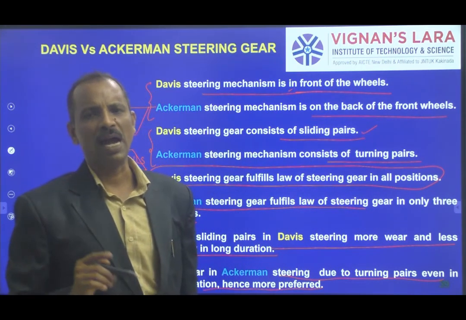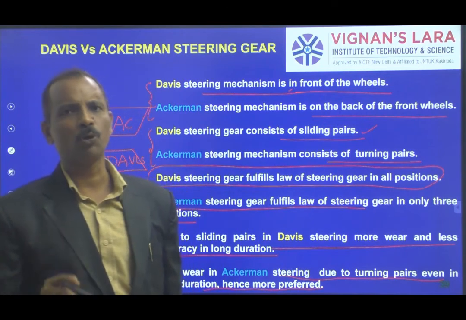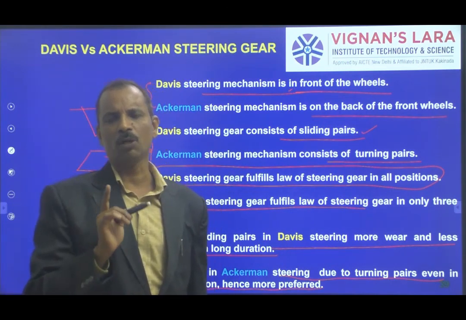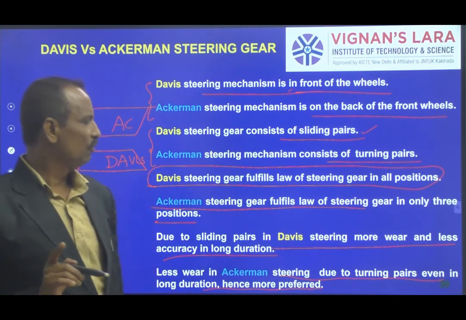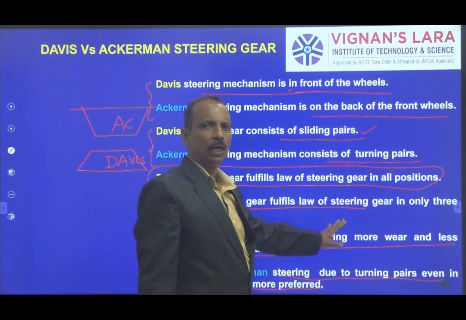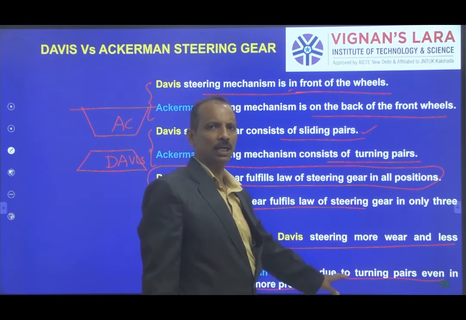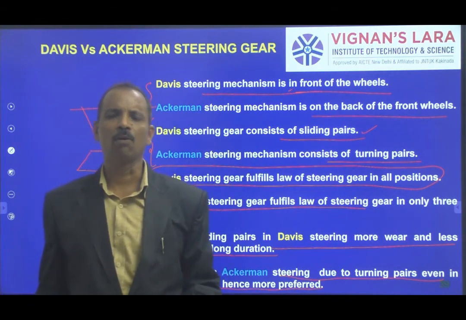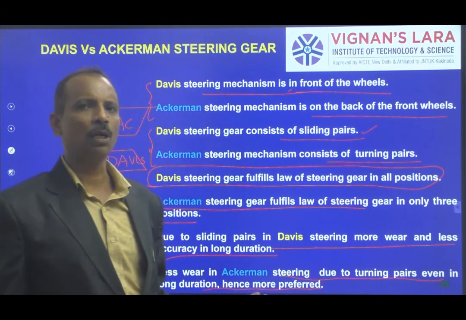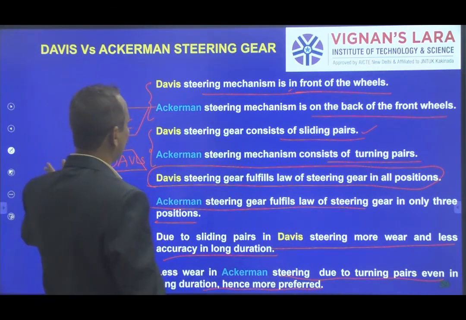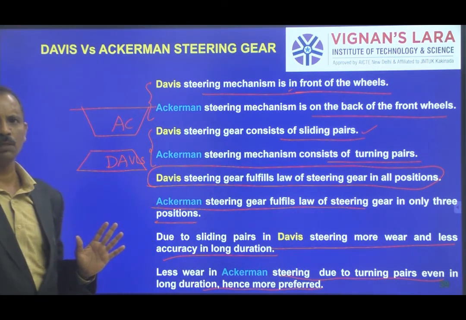Even though the Ackerman steering gear provides correct steering at only 3 positions, we prefer it because of its accuracy, long running and less wear and tear. And nowadays all your vehicles have the Ackerman steering gear, not the Davis steering gear, isn't it? So with that we conclude the steering gear mechanisms.